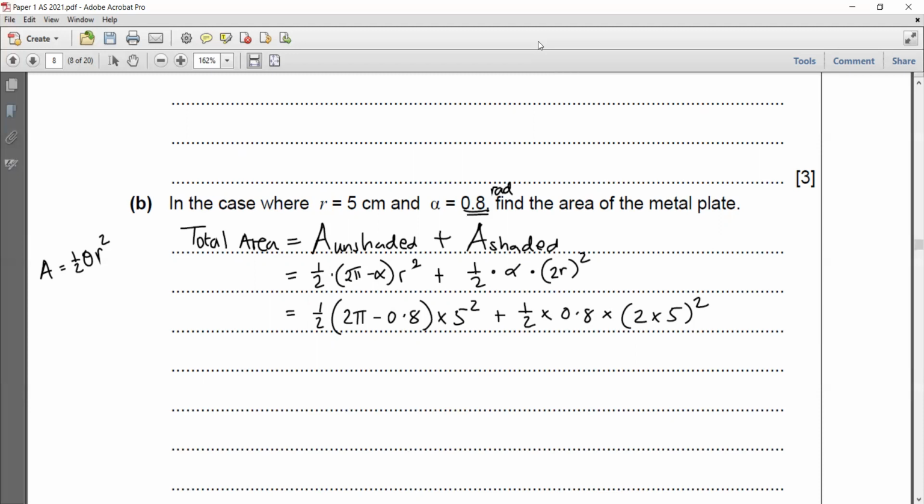Okay, and that gives us 108.5398163. Okay, and say leave it to 3 significant figures. This is 109, and this is centimeters squared.